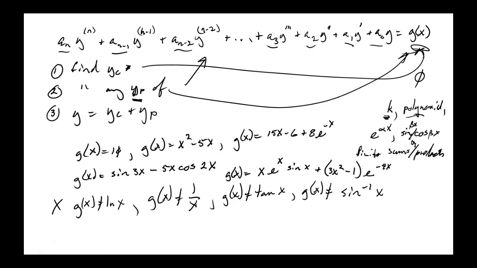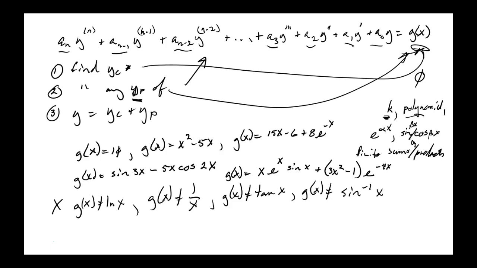No, not allowed. Sine, yes. Inverse sine, no. Sine and cosine, yes. Tangent, no. Polynomial function, yes. Rational functions, no. Exponential functions, yes. Log functions, no. Okay. So that's what they can and can't be.